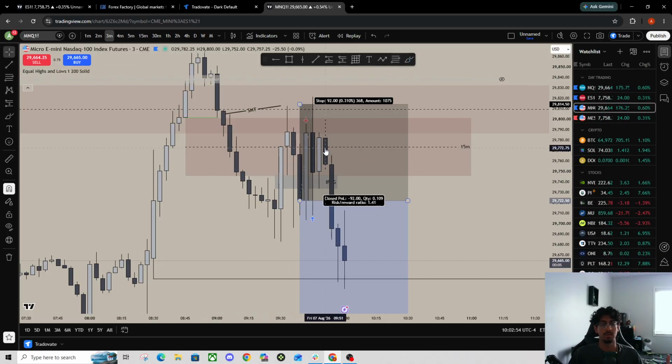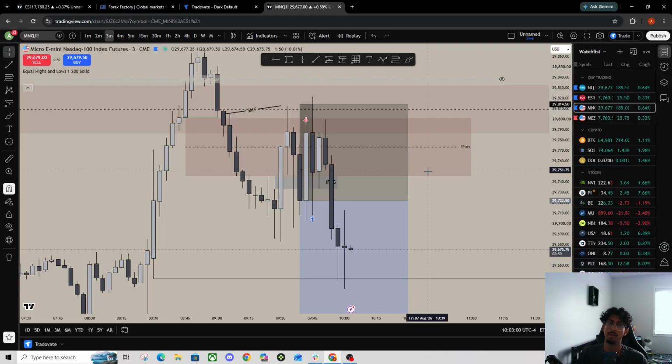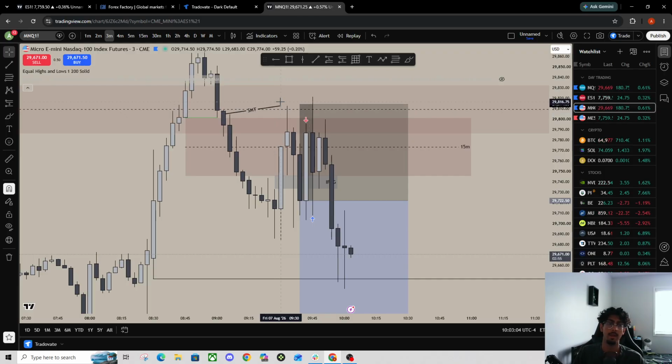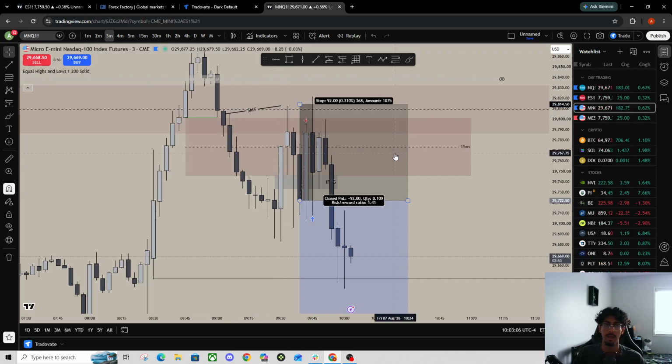Then I was just looking for another possible entry. Either we resweep this and then we get that 15-minute initial mitigation sweep, and then an SMT and CE tap, which would have been even better, which I think is this entry over here. I didn't take it though.